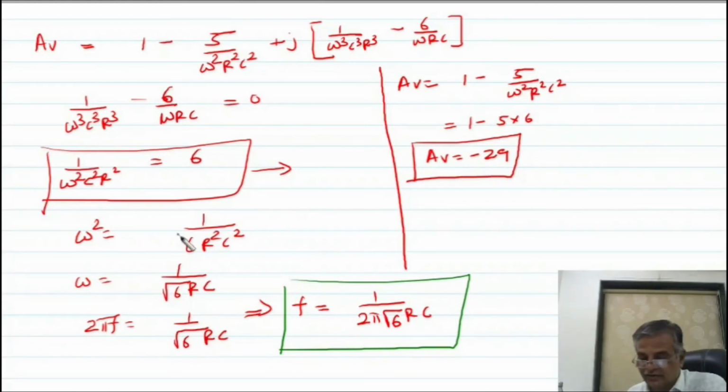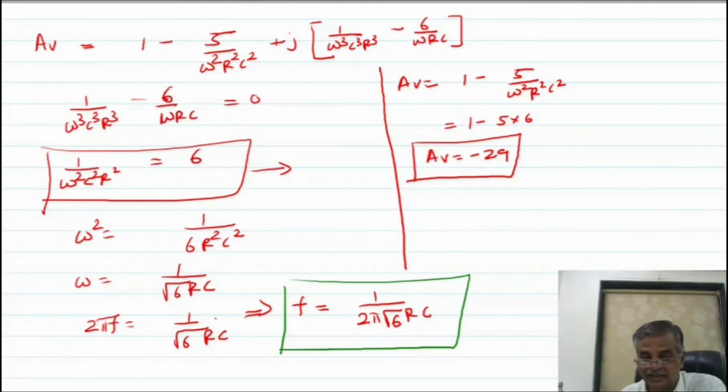Look again. From this we derived the equation of frequency of oscillation, where I put the imaginary part as 0. So 1 upon omega square r square c square is nothing but 6. That value I have put here, and by putting this value you will get 29.